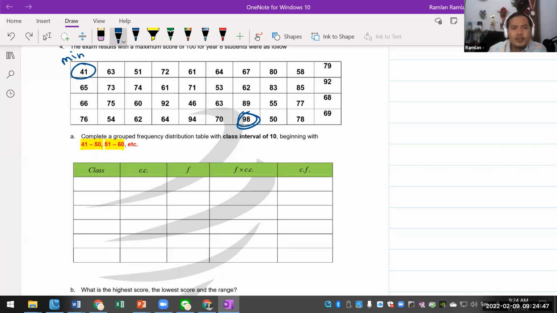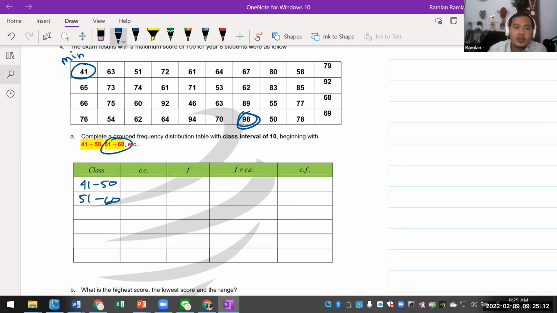Okay. So for now, because we know that the minimum value is 41, we can write this one as the class of 41 until 50, right? So any values in this data which lie from 41 to 50, you put in here, the frequency. The next one, after 50, is 51, so it's 51 until 60.